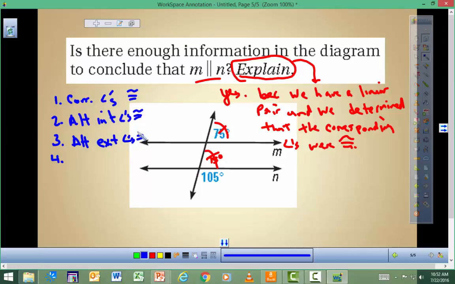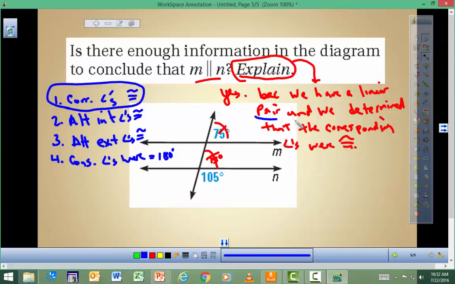We could have shown that these were congruent. Or we could have shown that the consecutive angles were supplementary, basically equal to 180 degrees, which is kind of what you could do here. I mean, you could have done all 4 of these if you were clever, but we chose this one, the corresponding angles one.